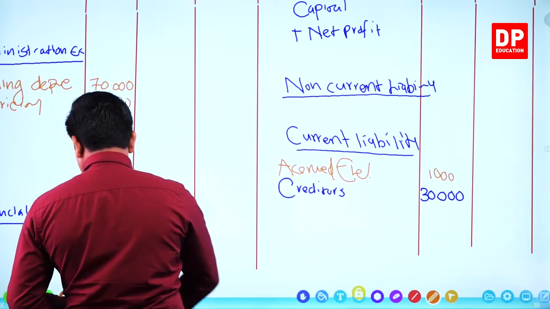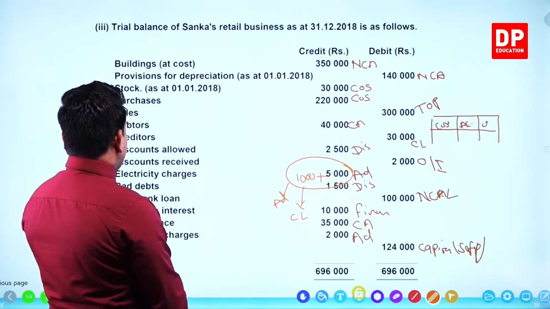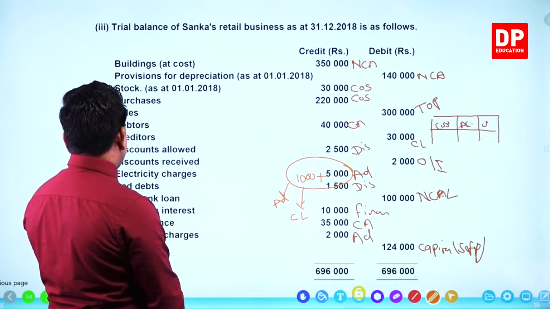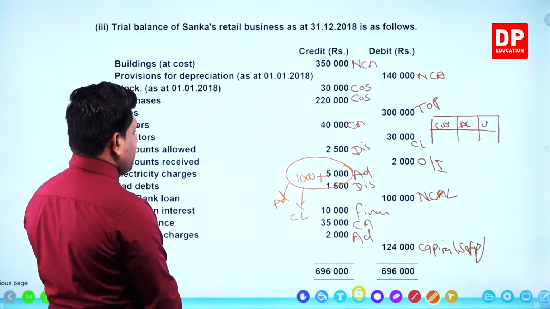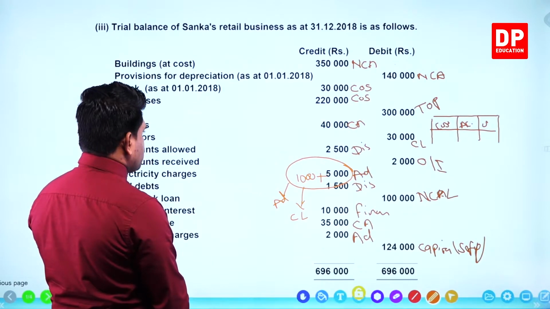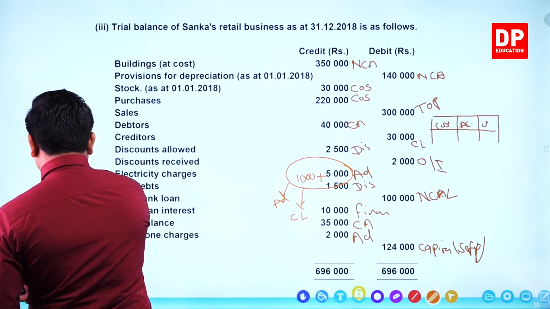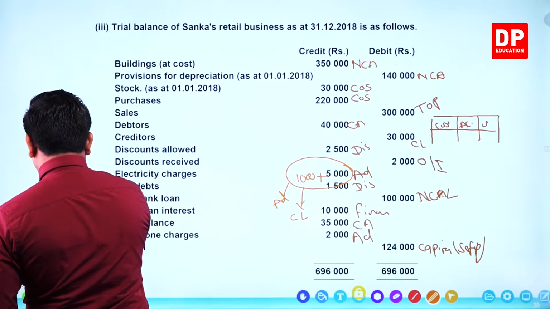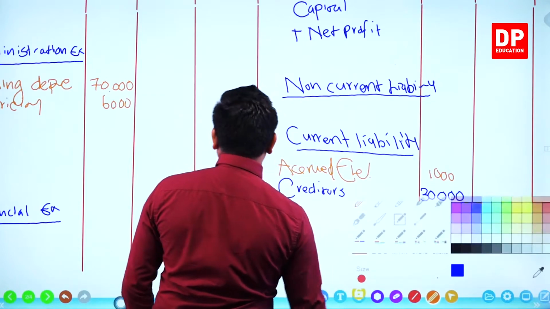Right. Then discount allowed is finished, no? Discount received 2,000. Electricity we have done. Discount received 2,000. Bad debts 1,500.